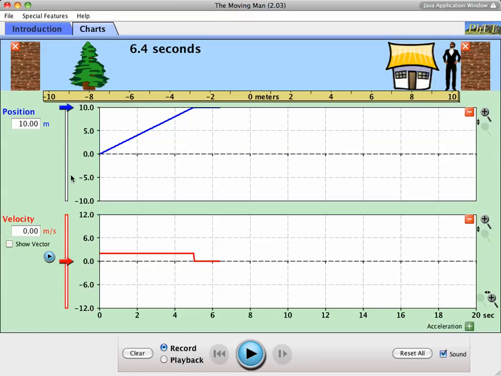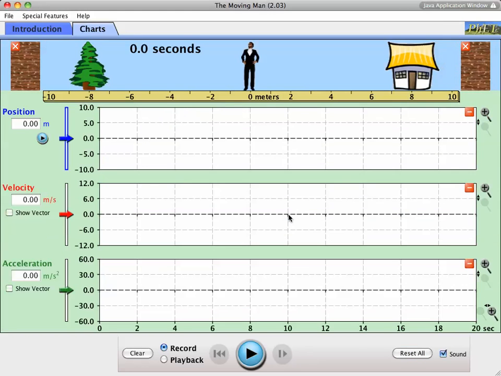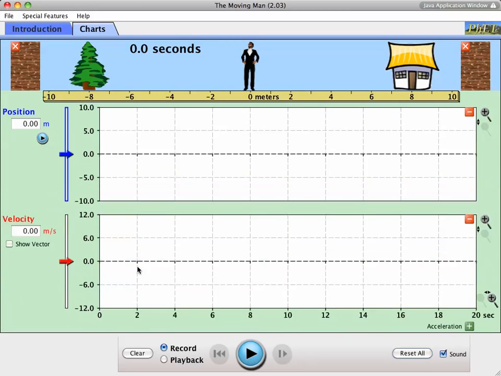Now, let's compare that to if I have him go, let's reset. And again, I want to get rid of the acceleration. This time, let's make his velocity negative, let's make it -0.5 meters per second. Now, with a negative sign, what do you think that's going to do with his motion?